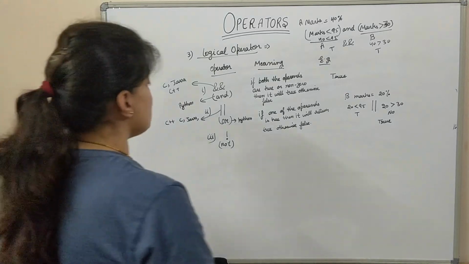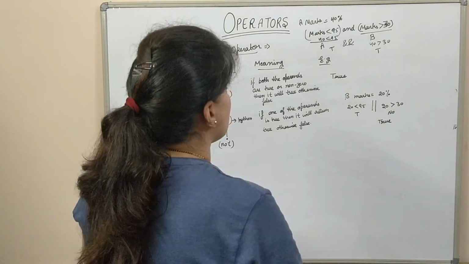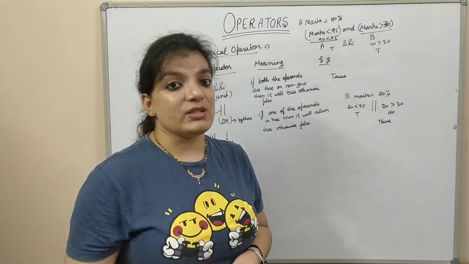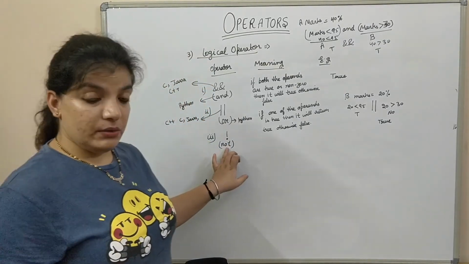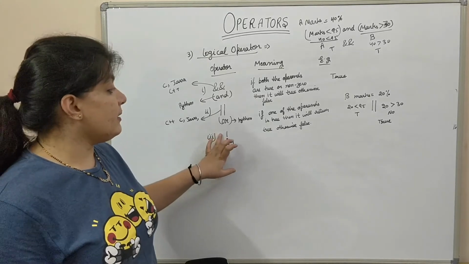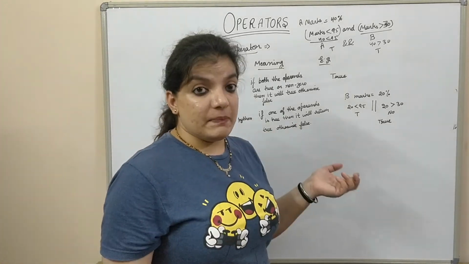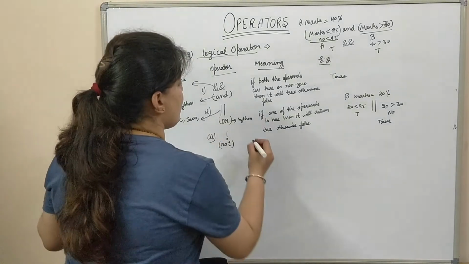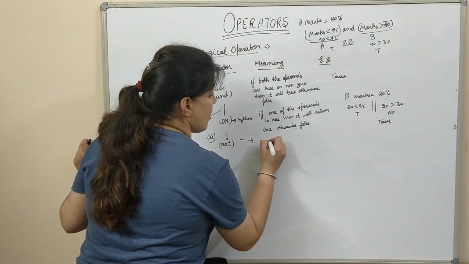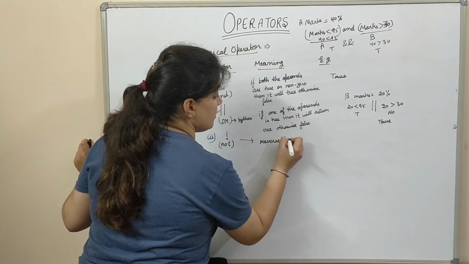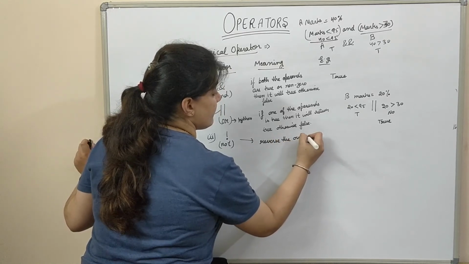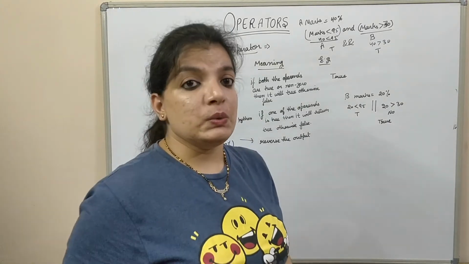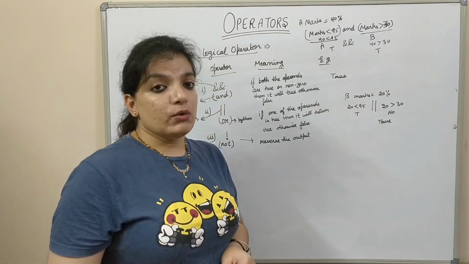The next is NOT operator. In the Python programming language we are using not in small letters, and in C, Java and C++ we are using this symbol. The purpose of this operator is to reverse the output, means if the output we are getting is true, it will convert into false.